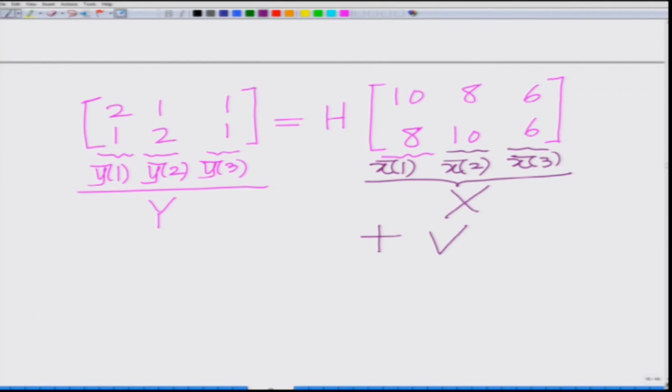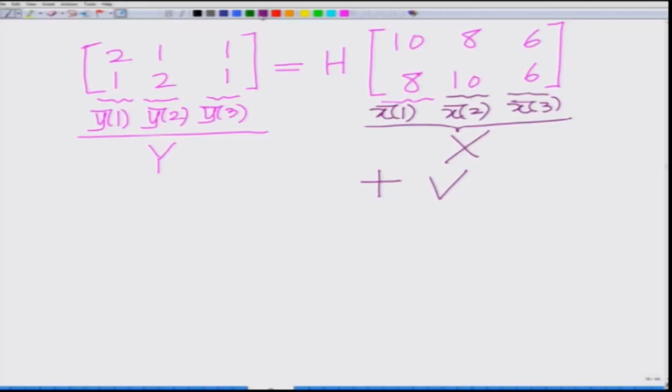Now, we have the observed pilot outputs, that is a matrix y corresponding to a concatenation of the observed pilot vectors, and the matrix capital X, which is the pilot matrix, basically nothing but the concatenated transmitted pilot vectors. From these two, we estimate the MIMO channel matrix H, right.